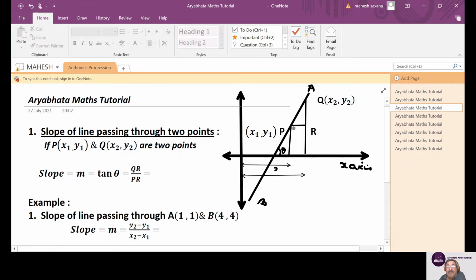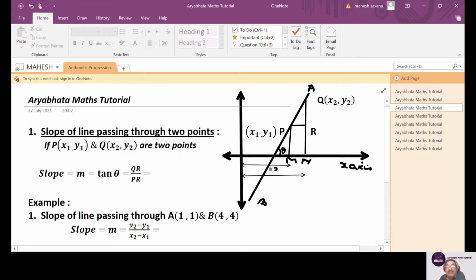Now we draw perpendiculars from P and Q on the x-axis and let them be M and N. We also draw a line PR parallel to the x-axis.